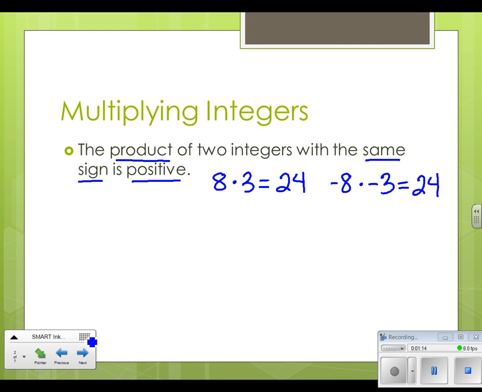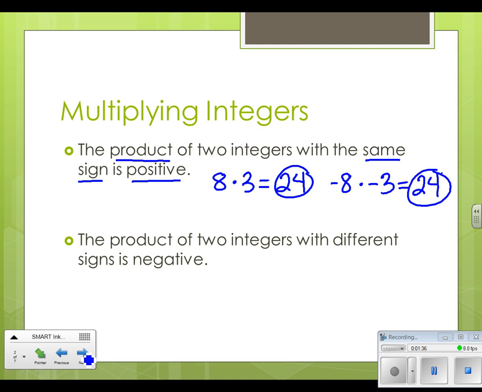Because what ends up happening is really we're looking at the opposite of a negative. When we have a negative times a negative, the opposite of a negative is a positive. So if, once again, they're the same, a negative 8 and a negative 3, same sign, our answer is positive. So both here we get a positive 24.